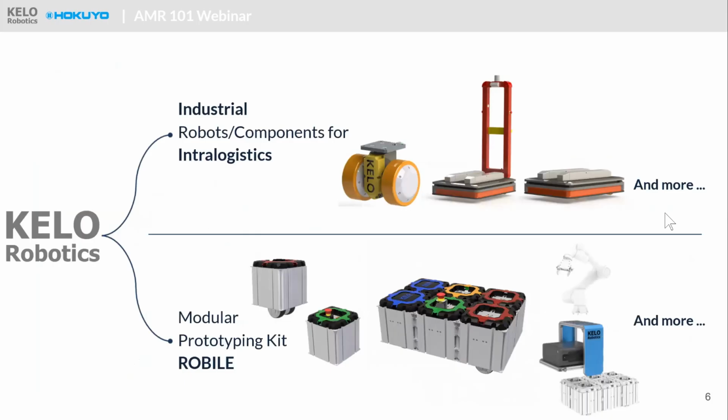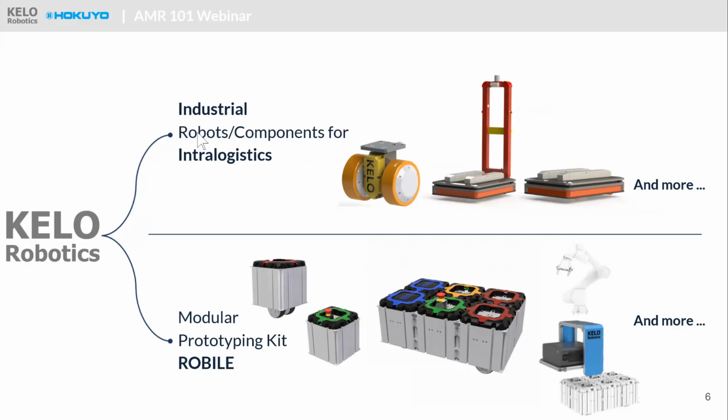So let's first talk about KELO Robotics. KELO Robotics is a company founded in 2020 as a joint venture by two older companies. These two companies brought the technologies that they have been developing for more than a decade together and continue to proceed under the name of KELO Robotics. We have two main branches of product.